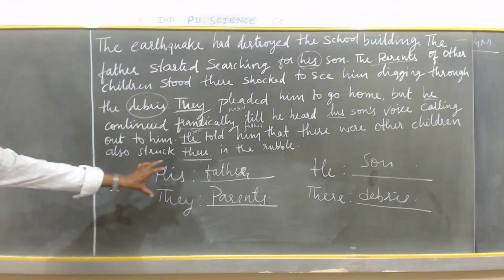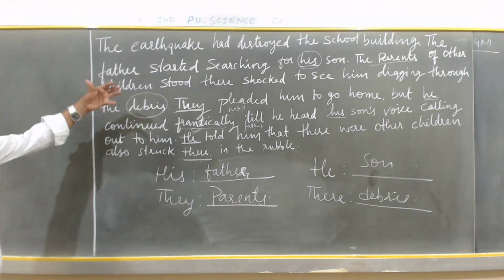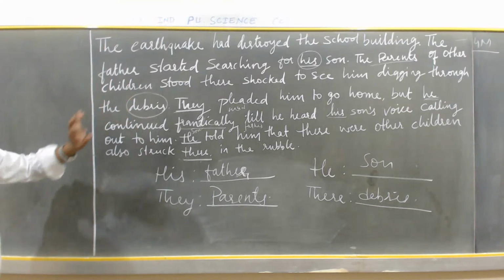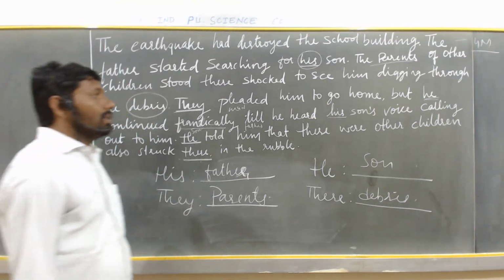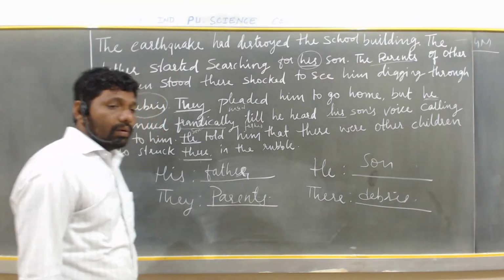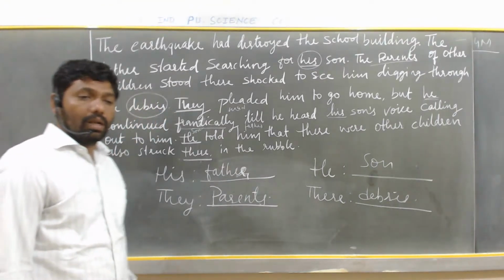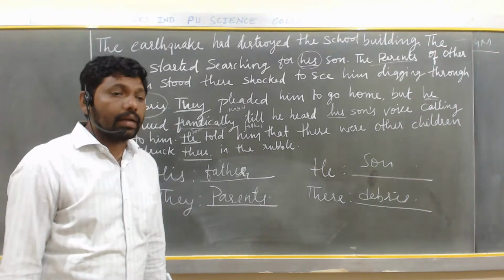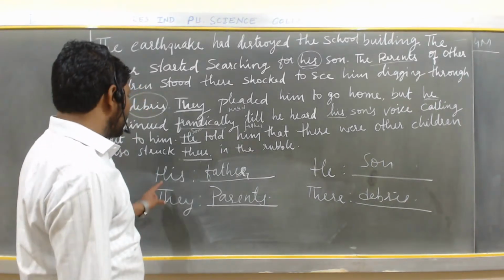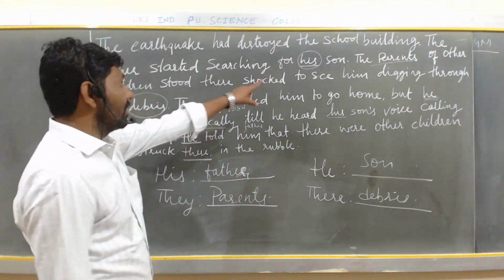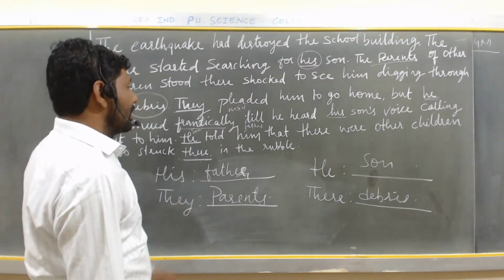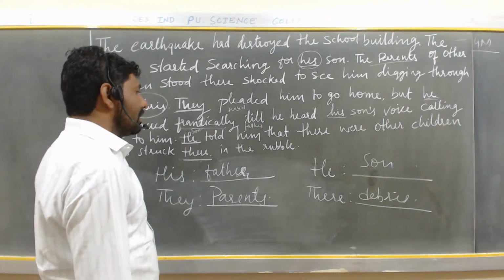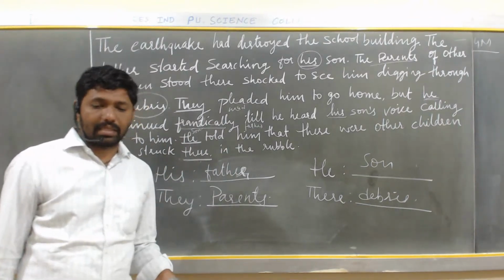Apart from these four pronouns, there are other pronouns in the paragraph, but we should be very clear to which they refer and what the question is all about. Okay, now look at this very carefully. His refers to father, they refers to parents, he refers to son, there refers to debris.